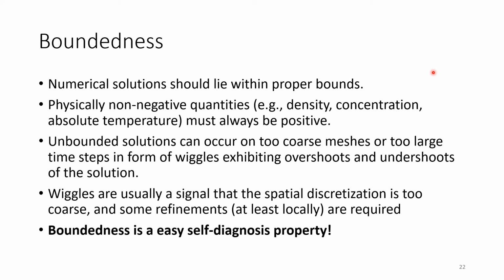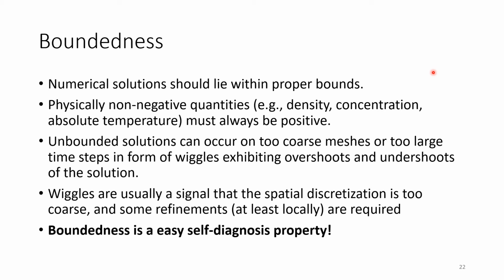And then one very nice property of a numerical solution, because it's so simple to observe or check, is boundedness. Right, I already showed you this example of an unstable simulation, where we said, well, the minimum groundwater temperature in the system is 10 degrees Celsius. And what I actually have is I'm injecting warmer water, or I'm heating up water in the middle.